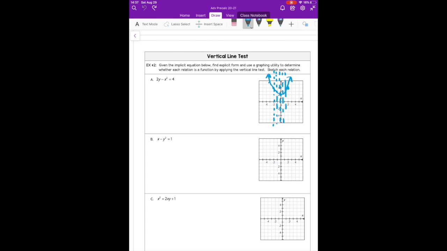Each time you laid it down, did it ever cross the relation more than once? So did it cross the graph more than once at a time? The answer is no, because it crossed here, then when we moved it over here, it was only crossing one time. Therefore, it passes the vertical line test. So yes, it is a function.